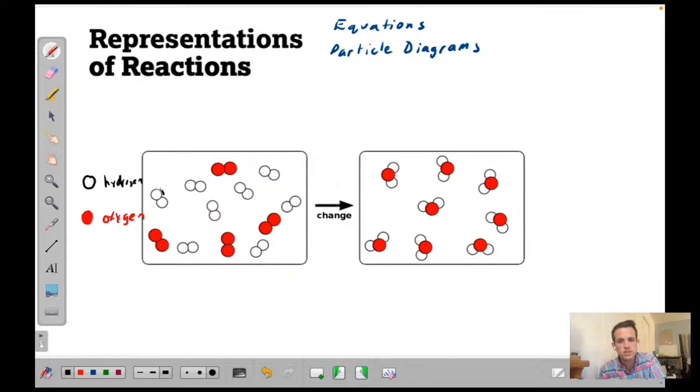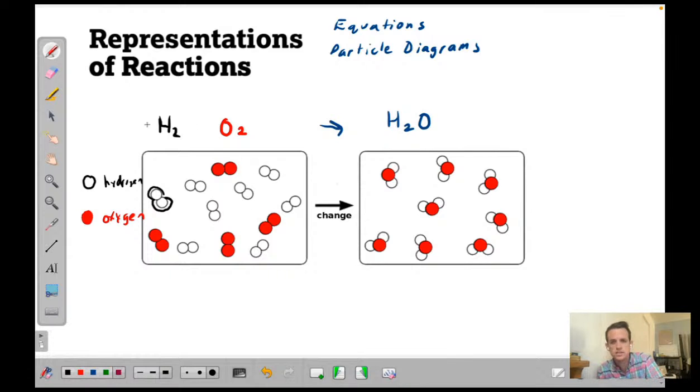Where I see things are stuck together like this, that means that's a chemical bond. So I have some H2, and it looks like I also have some O2. This reaction is going to turn into H2O. Now I can literally count how many I have.